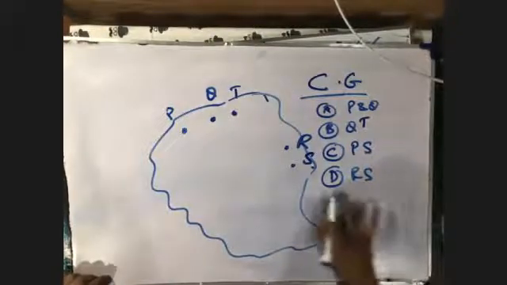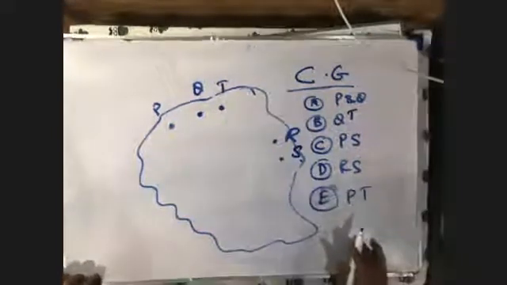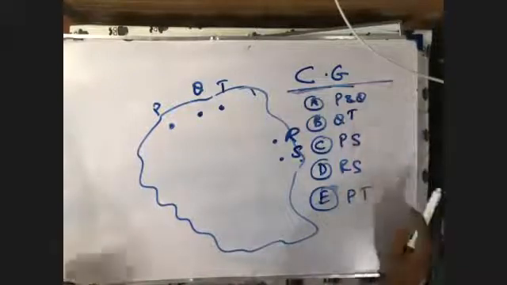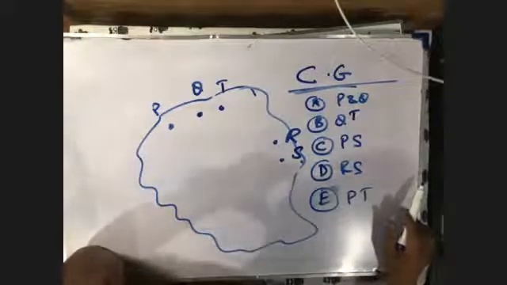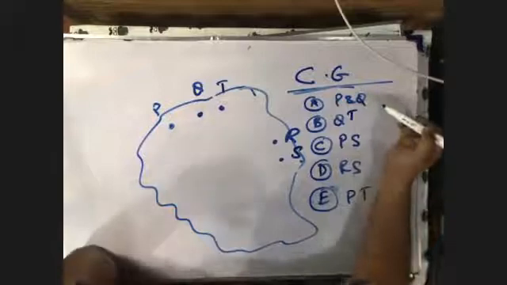And P and T, Option E. Which option would you take to measure the center of gravity of the lamina? Which 2 points would be the best?